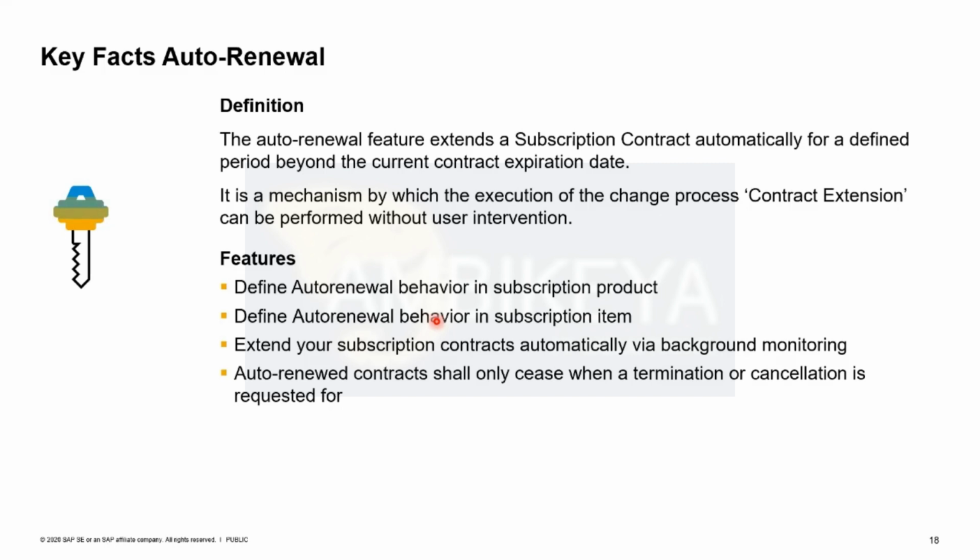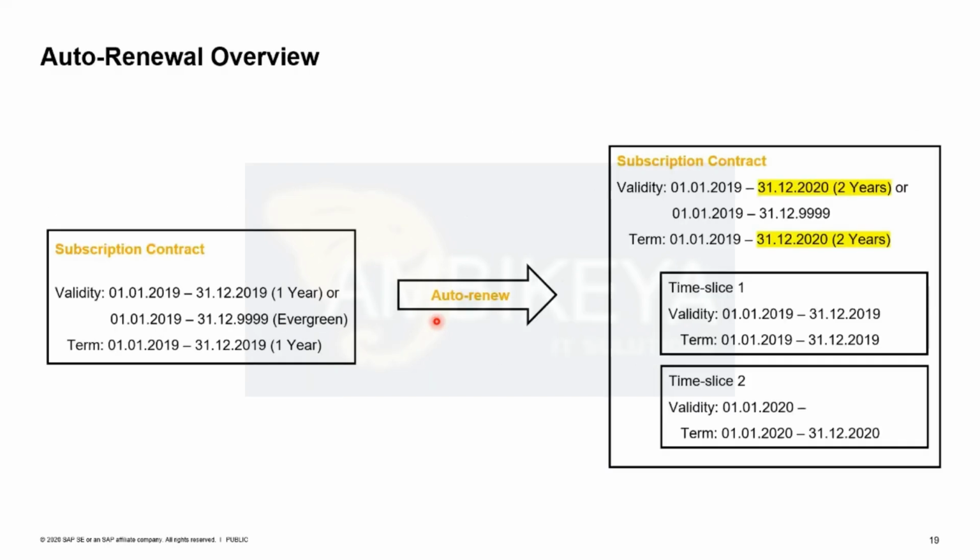You also define what the renewal duration should be, and how many days before an expiration you need to auto renew a contract. But if at a later point in time during the contract run time the customer changes his mind about these settings, it is still possible by executing the auto renewal change process. These are the features that are supported for auto renewal.